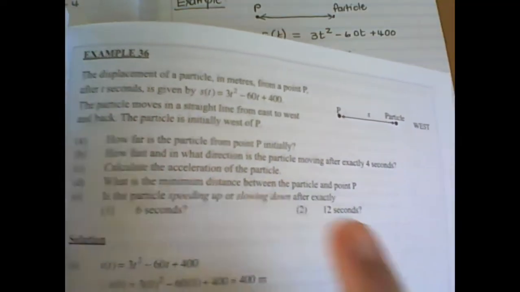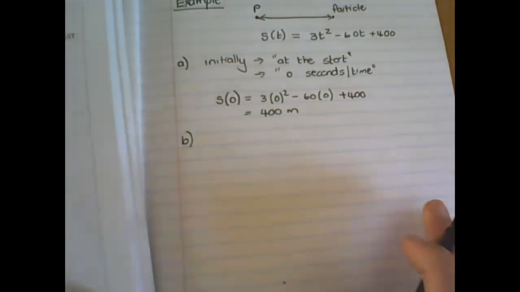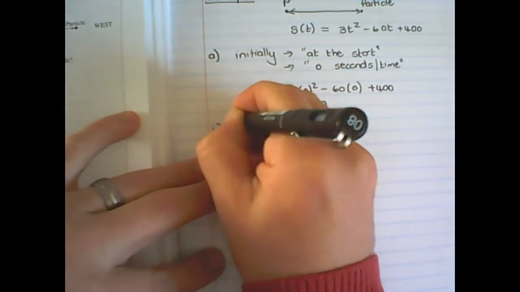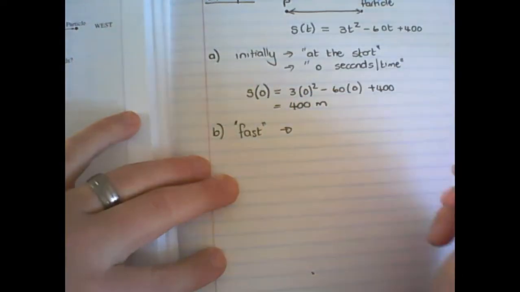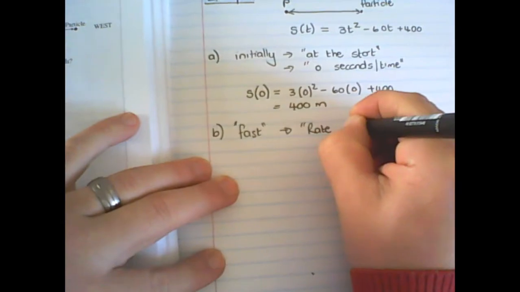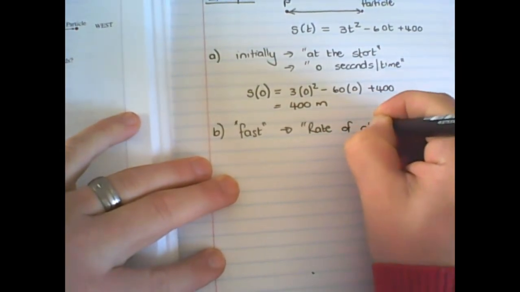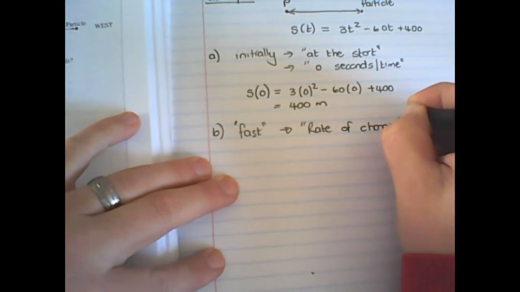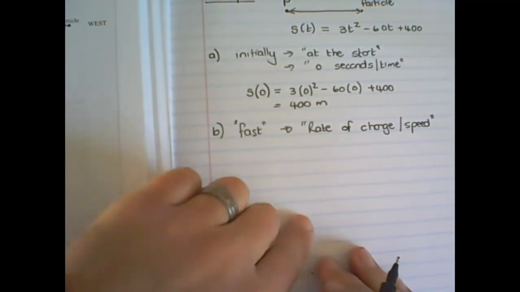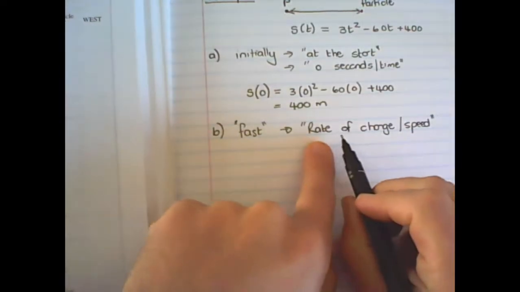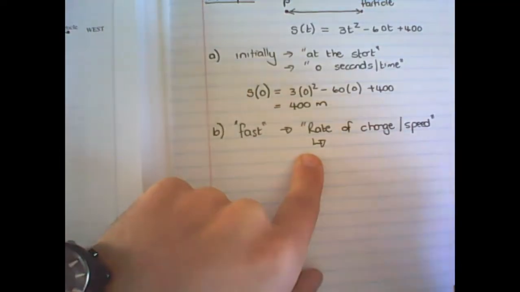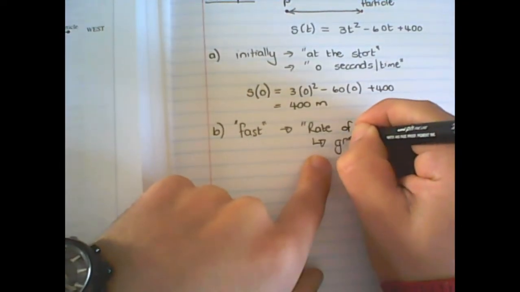Now, we're going to speak about fast. The word fast refers to a rate of change or speed. And right at the start of calculus, we said a rate of change is synonymous with the word gradient.